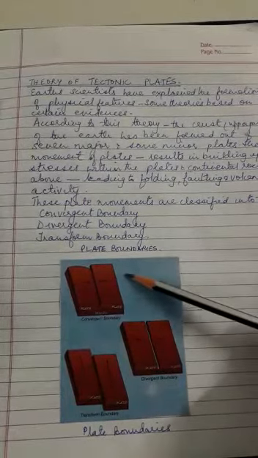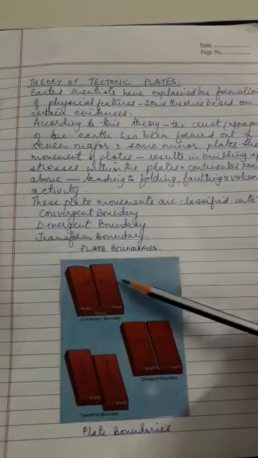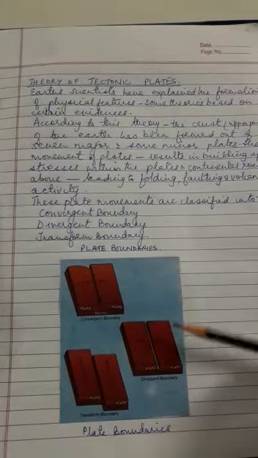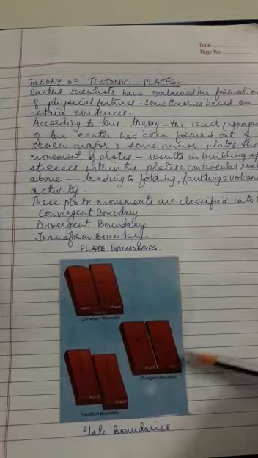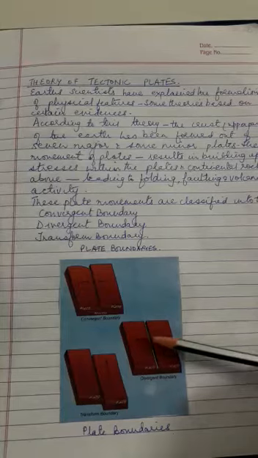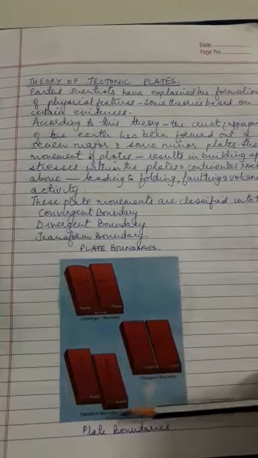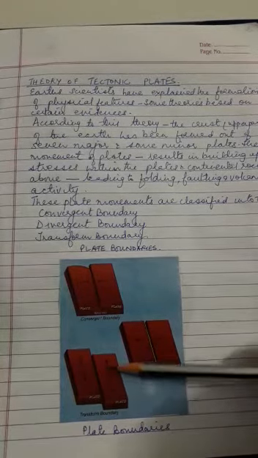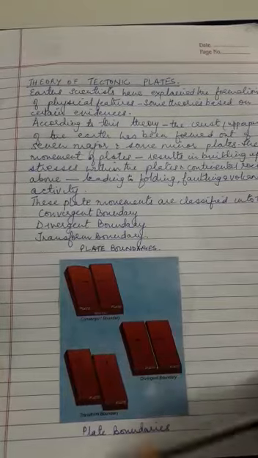Convergent boundary, when the two plates move towards each other. Divergent boundary, when they are moving away from each other: this is moving this way and that is moving that way. And then we have transform boundary, where this plate is moving upward and this plate is moving downward.